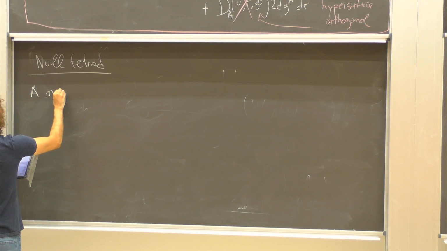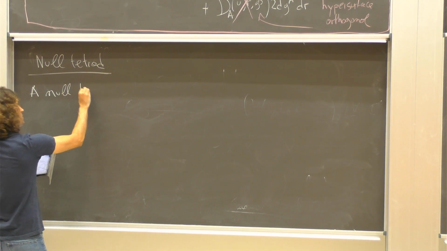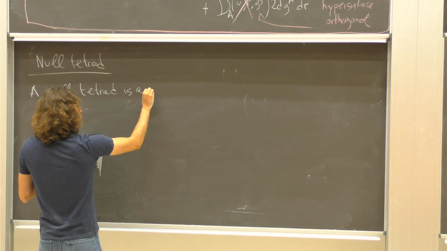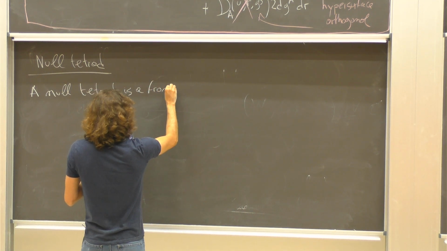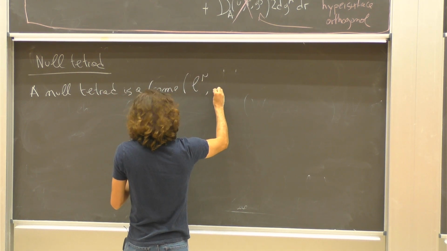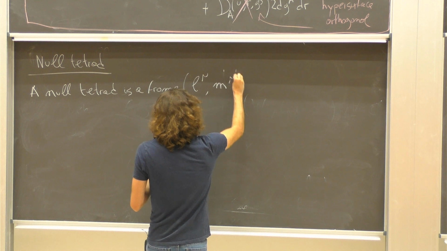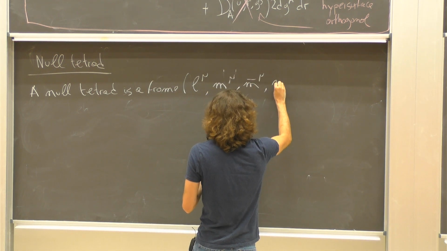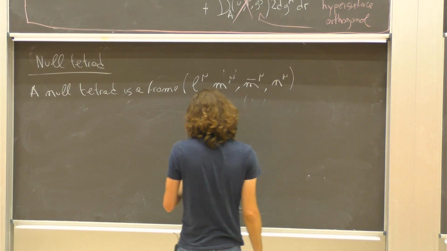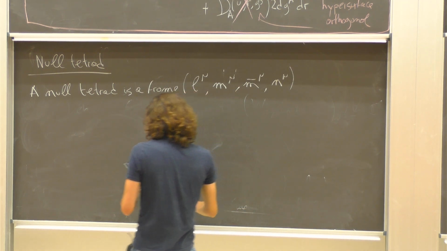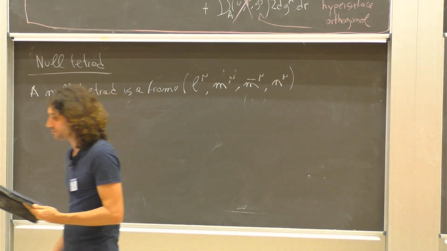So a null tetrad is a frame. So let me just write a block to show what I mean here.